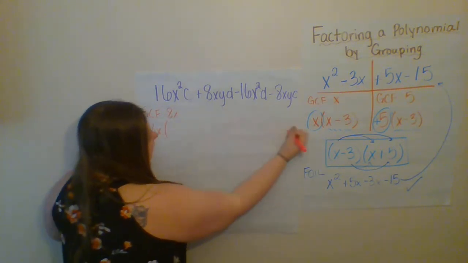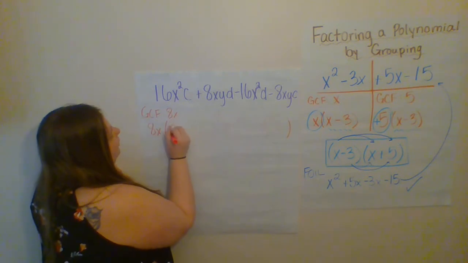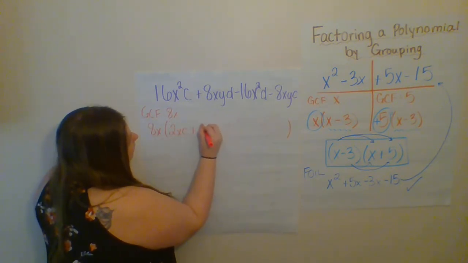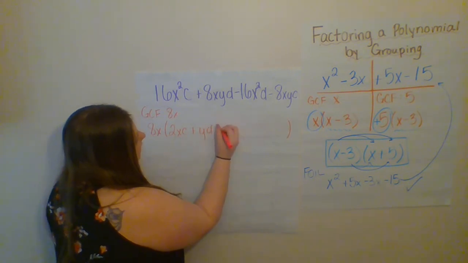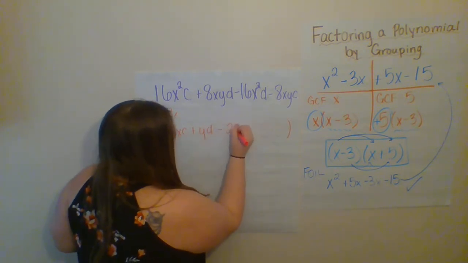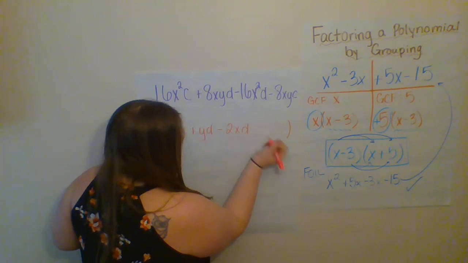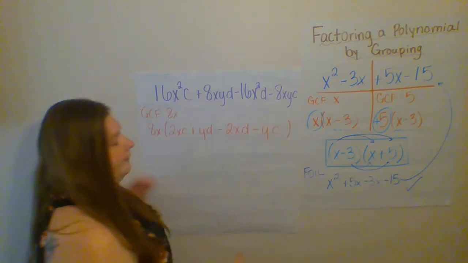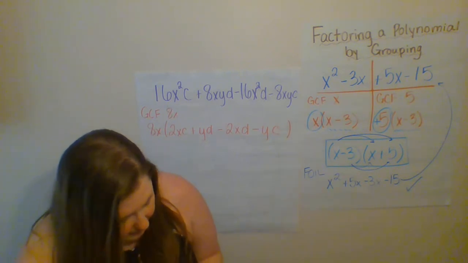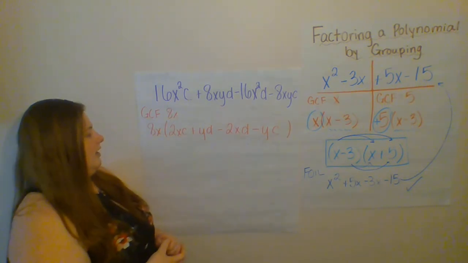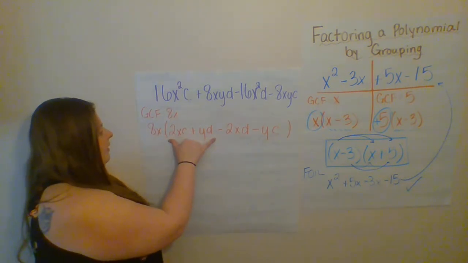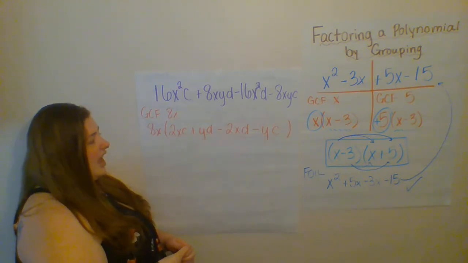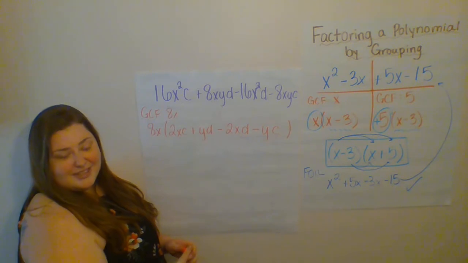So, 8x factored out. We get 2xc plus yd minus 2xd minus yc. So now from here, you may be looking at this and you're like, if I group that and that, I'm not really seeing any GCFs.